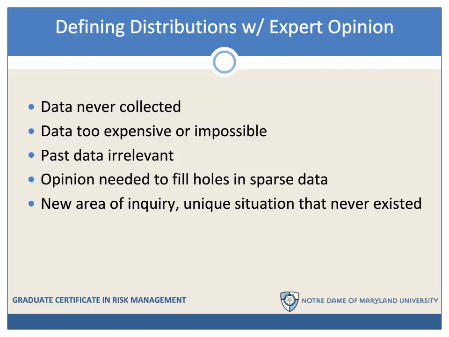And so if we estimate the probability of various numbers of marine casualties in a channel that has not yet been built, this would be a good example of an area of new inquiry or a unique situation that never existed. So this is when we would ask an expert to help us to identify the distribution.